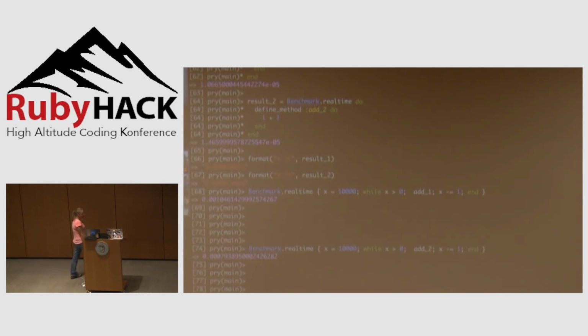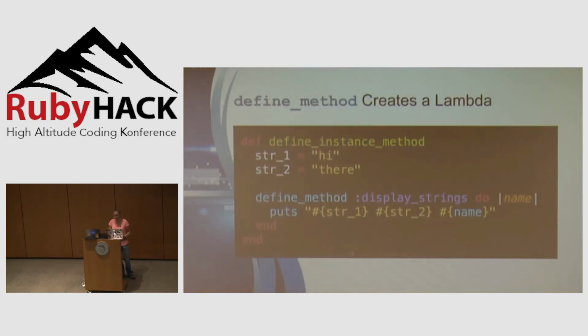So yes, the method is slow when you create it using define_method, but what it does do is allow this bit of code over here to work, because you'll notice we've again got a method with local variables, which are then used inside this block. But we now know that once the define_method instance method exits, string1 and string2 will be wiped off the stack and will theoretically not be available to this instance method anymore.